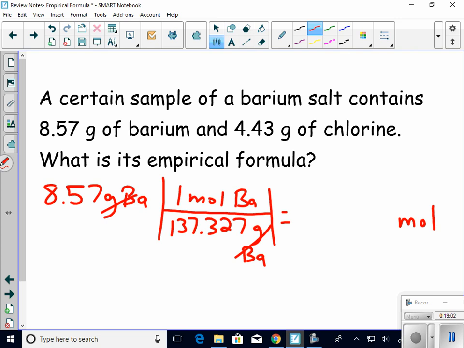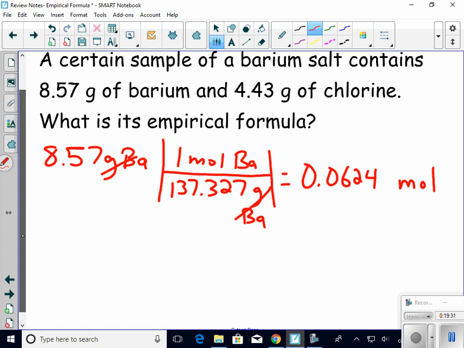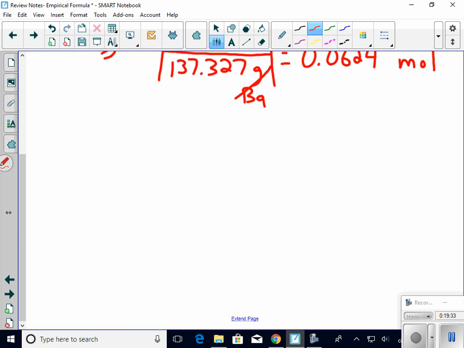So I take 8.57 divided by 137.327, and I get 0.0624. I bring her down, extend my page a bit.